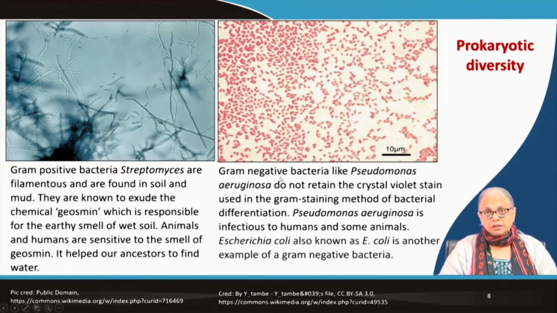Then we have gram-negative bacteria like Pseudomonas aeruginosa. Because it's gram-negative, it means it cannot retain the crystal violet stain.